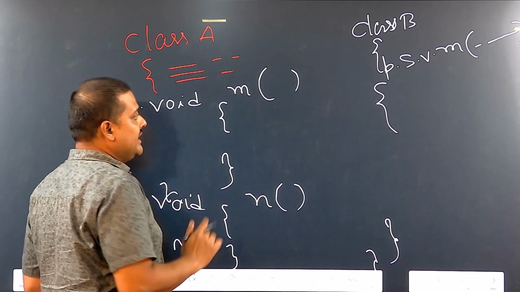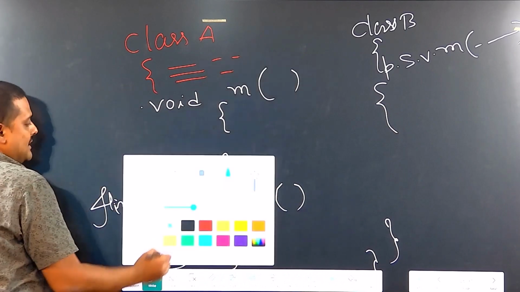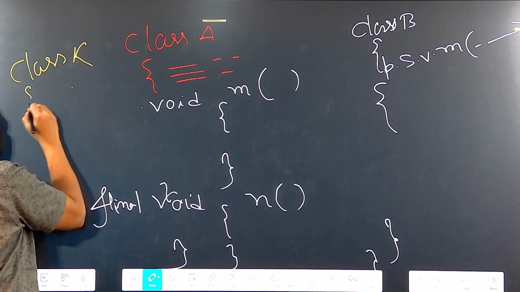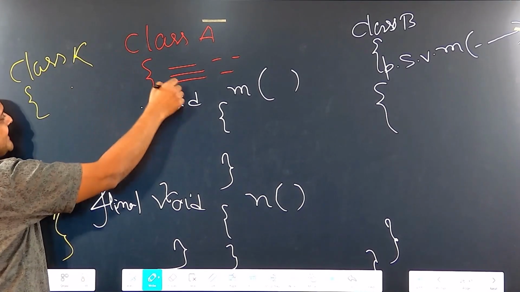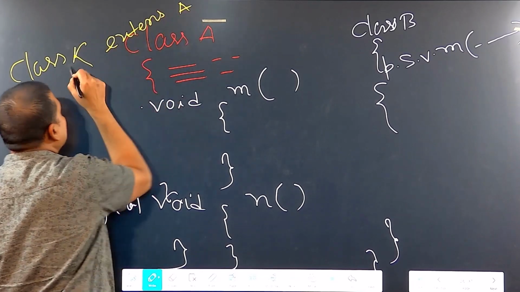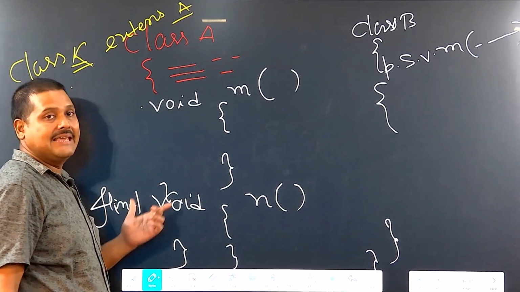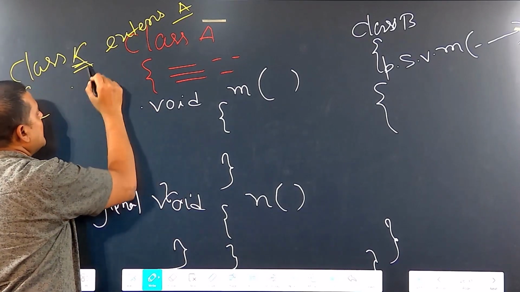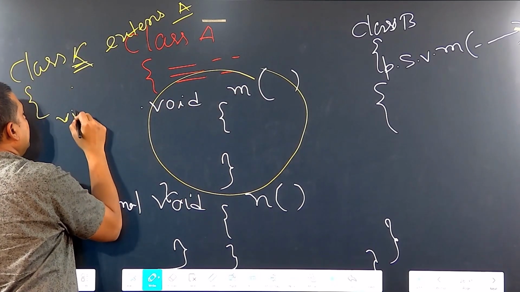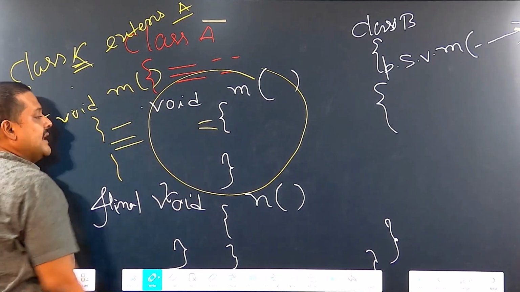But say there is some class K, and I want to extend class A, so class K extends A. In this case, method m can be overridden; that means if I want to modify the working of m, that can be done.